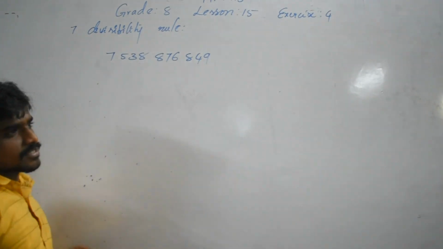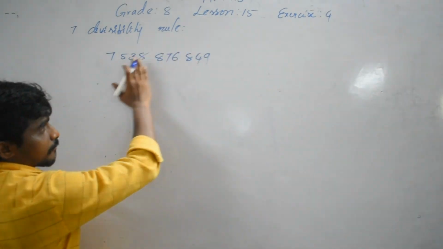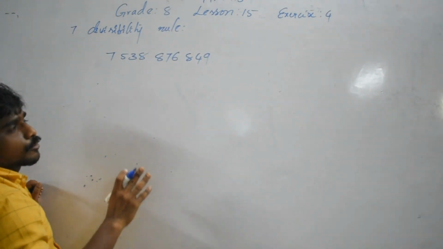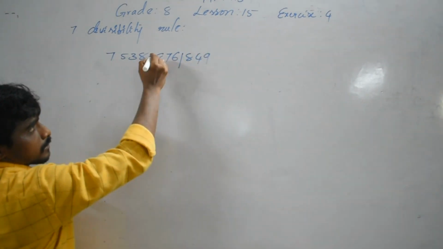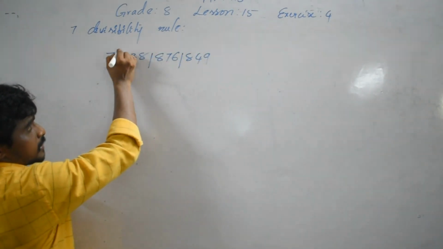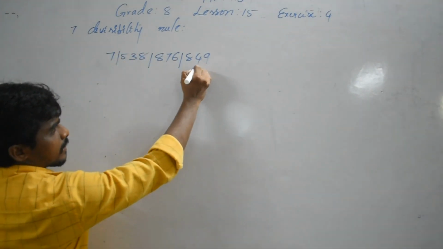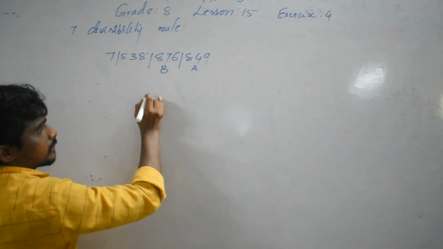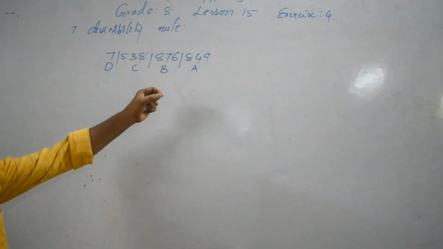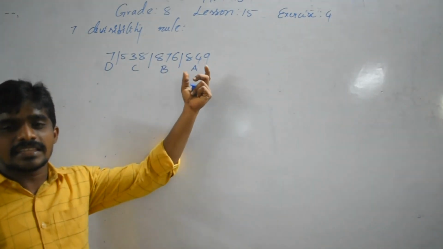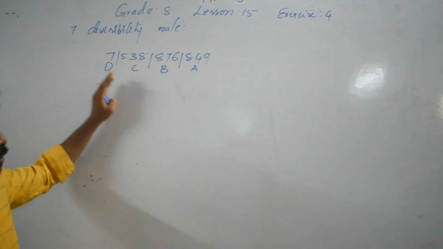In this case, first, from right to left, after every 3 digits you make one group. This is one group, this is one group, this is one group. So every large number, you create a group of every 3 digits, labelled A, B, C, D. So now here there are 4 groups.